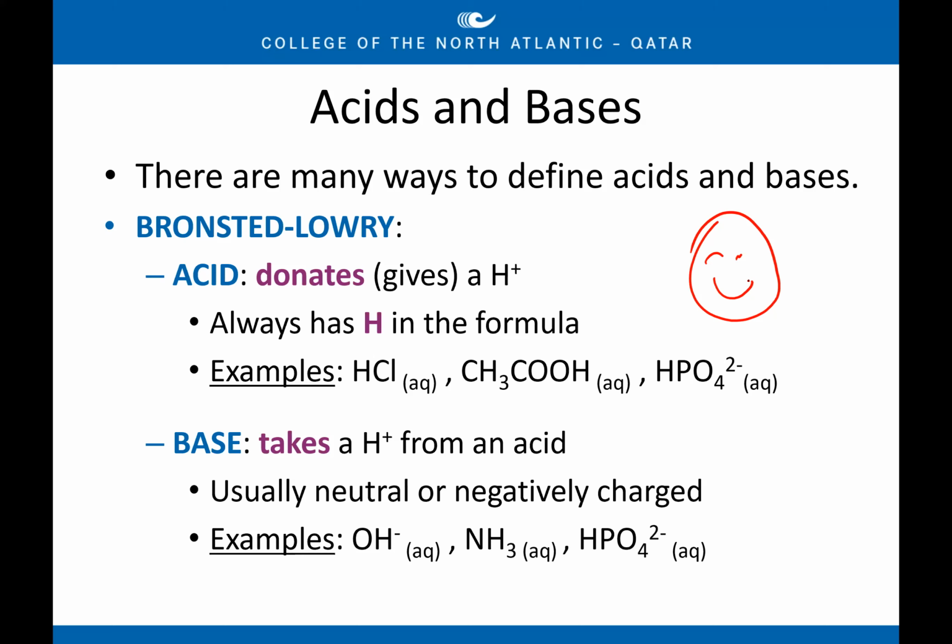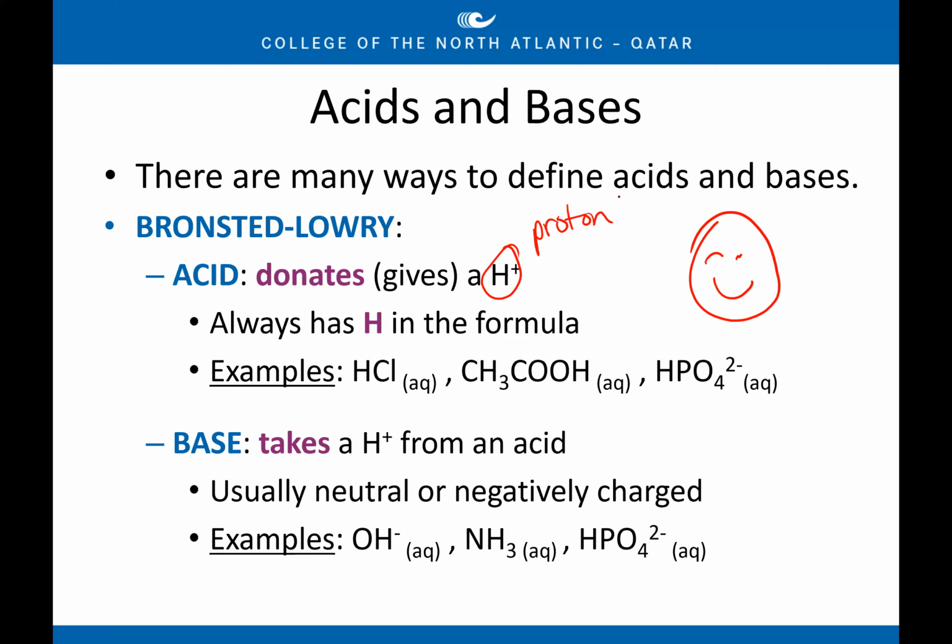The Bronsted-Lowry definition of an acid, and you guys are going to hear me talk about this for the next week or two, is a chemical that donates, which means gives, a proton. Now, you'll notice I said the word proton. That's what H+ is. H+ is technically a proton. There's no electrons, it's just a proton.